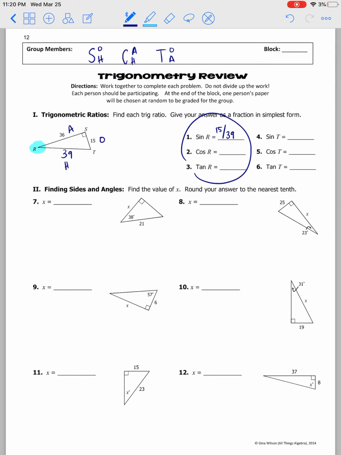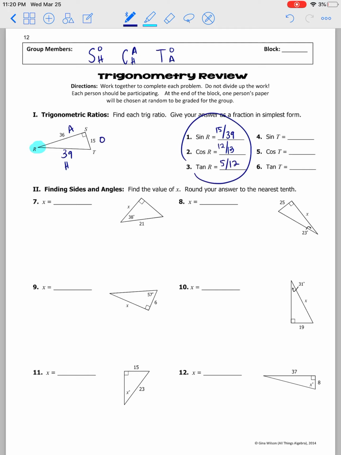When they're both divided by 3, the 36 becomes 12, and the 39 becomes 13. And then tangent is opposite over adjacent, so that's 15 over 36, but those are both divisible by 3 as well, making it 5 over 12.